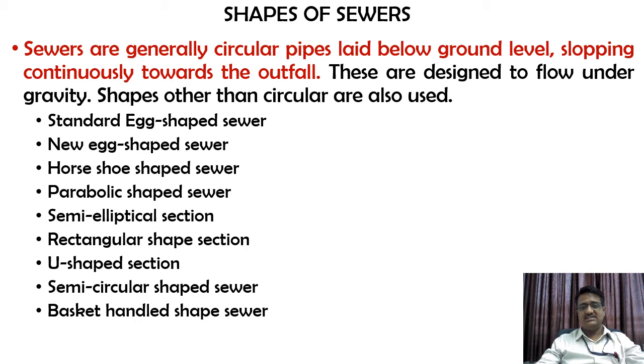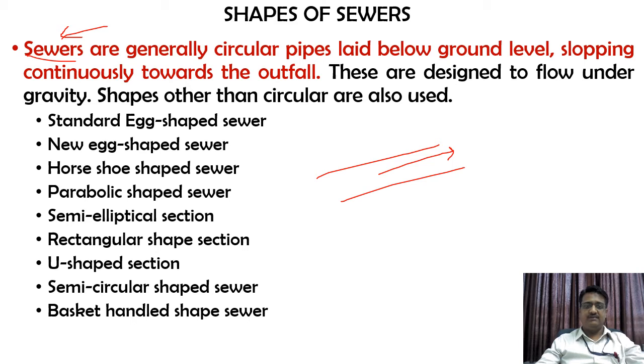What this sentence indicates is that the flow here will be through gravity only. There will not be a pressurized flow. So you cannot have the sewer pipeline laid where the sewer goes against gravity. No, it is not possible.